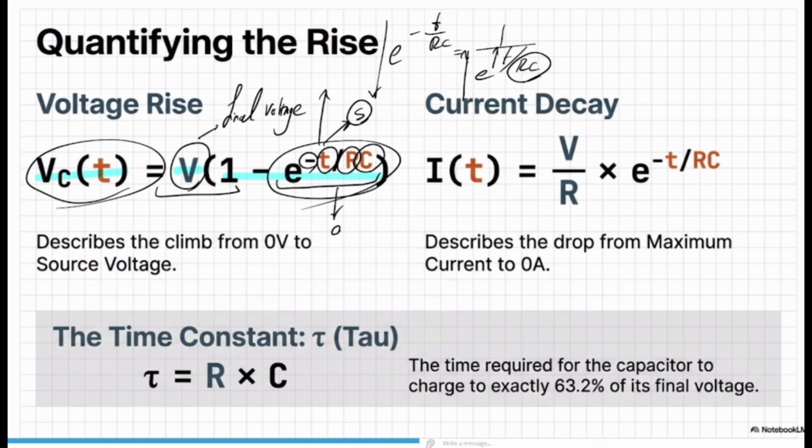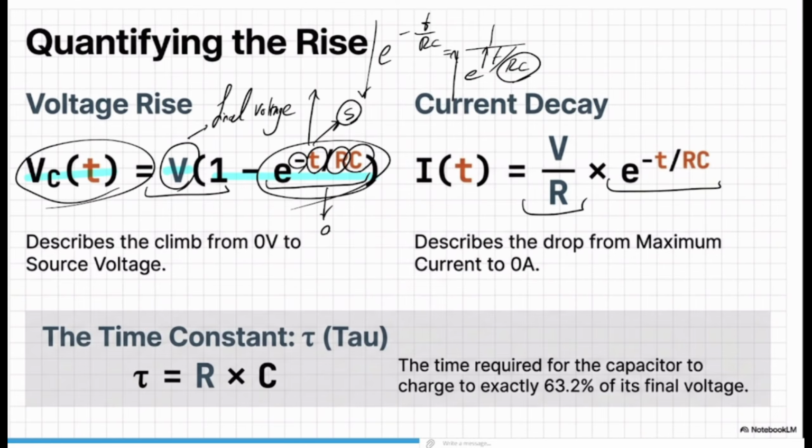On the other hand, we have the current. The current is going to follow another formula. V over R is just the famous Ohm's law, but it is going to be multiplied by e to the power negative t over RC. By the way, e is Euler's number, 2.71, and you can just consider it as 2.7. By connecting directly to your capacitor, the current is going to reduce exponentially.